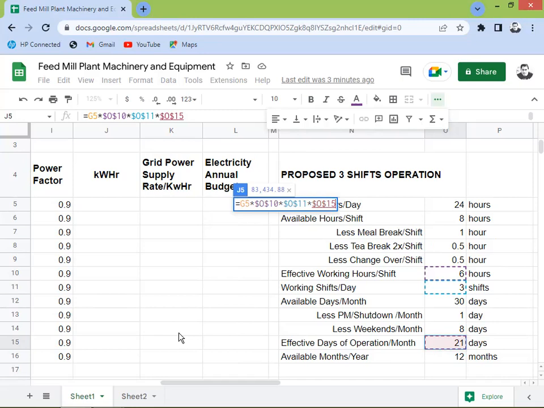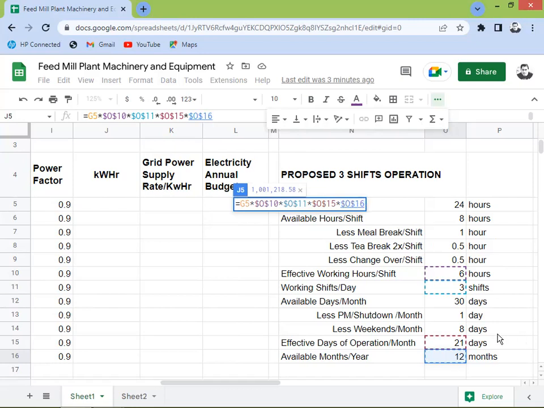It's up to the company anyway, whether they are letting the people work on holidays. But in this exercise, I'm just assuming that we're going to operate the plant in 12 months, in 1 year. So again, multiply by this one, 12 months. Again, F4. Press F4 on your keyboard.